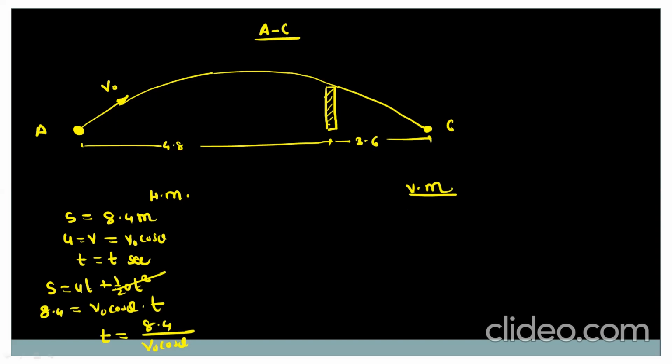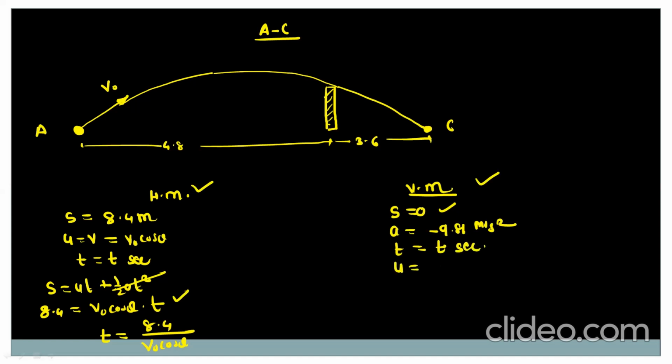So S is equal to 0. So why is this 0? Because point A and point C are lying on the same horizontal plane or the same line. Okay, so net displacement is 0. Then acceleration is minus 9.81 meter per second square. Then time t is nothing but the total time t. So it is the same for horizontal motion and vertical motion. So it is t second.